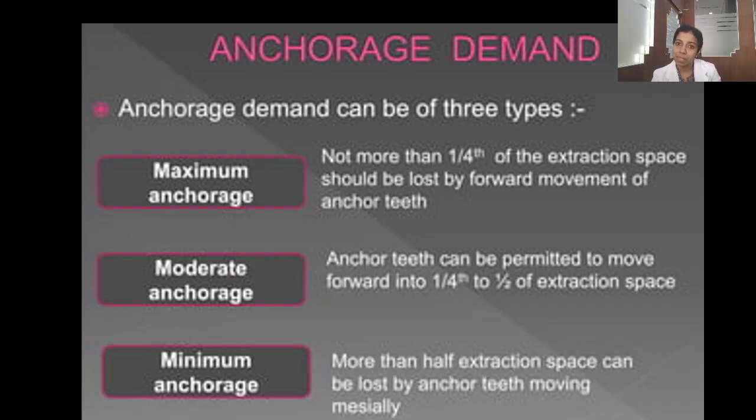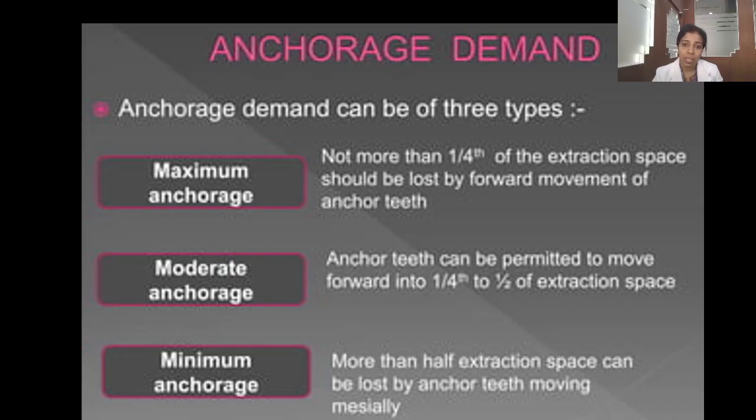So that is a maximum anchorage case, where not more than one quarter of the extraction space should be lost by the forward movement of the anchor teeth. We cannot permit more than 25% forward movement of the anchor teeth. That is a severe crowding condition, and we cannot afford forward movement of more than 25% because it may result in improper correction of the crowding.